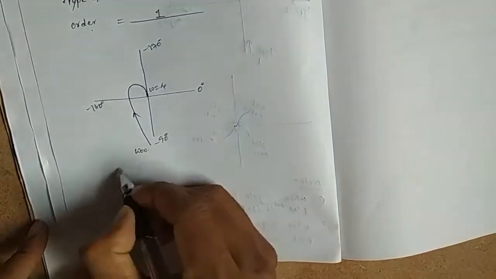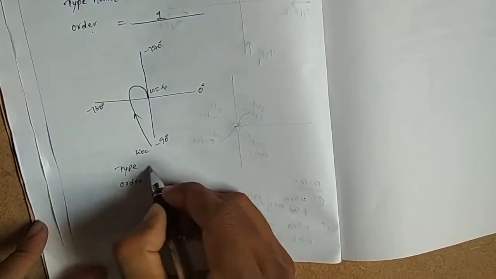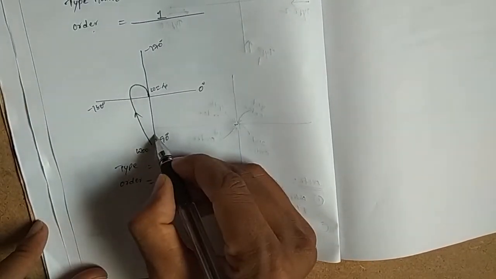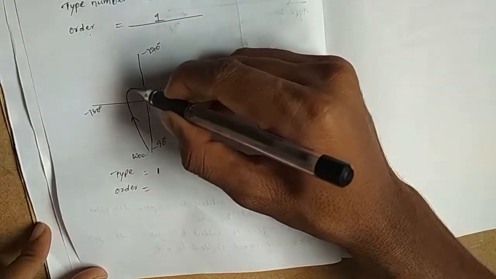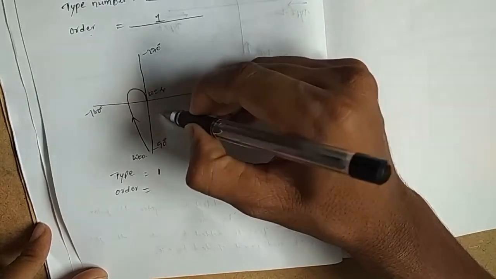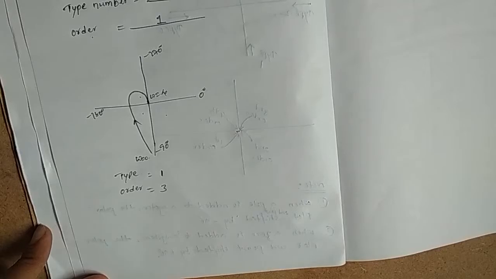For this polar plot, we have to find the type and order of the system. The polar plot starts from here, so type number is 1. Then the polar plot ends in the 2nd quadrant: 1st order, 2nd order, 3rd order. So the order number is 3.